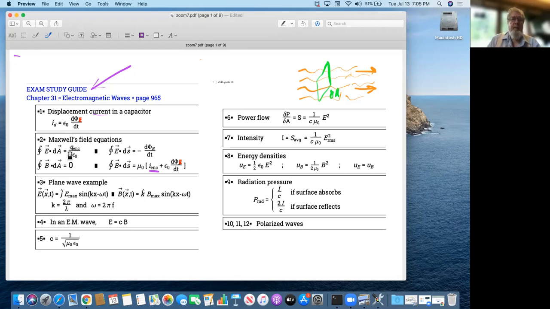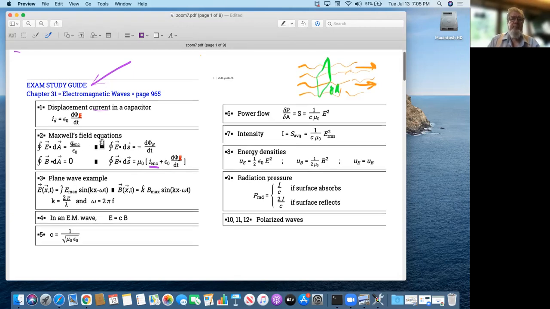And again, there's a section of this in the textbook, or you can watch the screencast on the YouTube channel and find out about how Maxwell came up with this theory around the 1860s, 150 years ago or so.